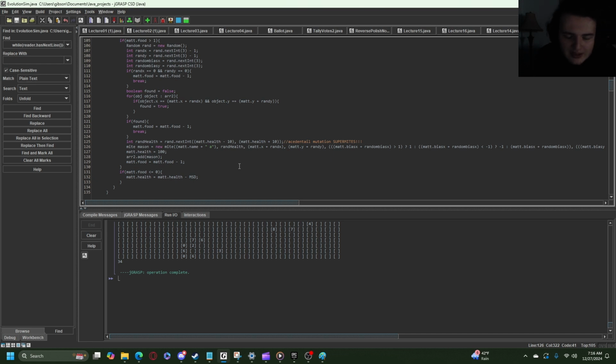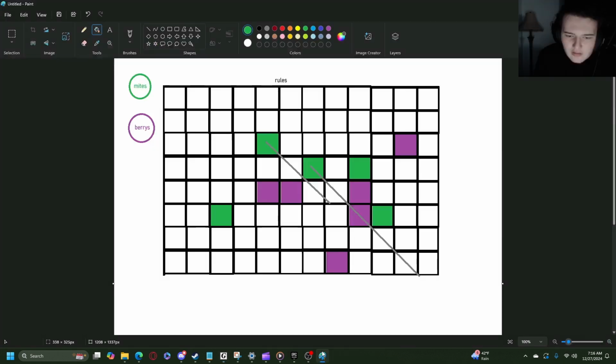So what this means is that in specific situations you could have mites that move down the coordinate plane and just keep moving and don't care about what's in their way. And you can have mites that travel down and then stop and just kind of chill in an area for a while.